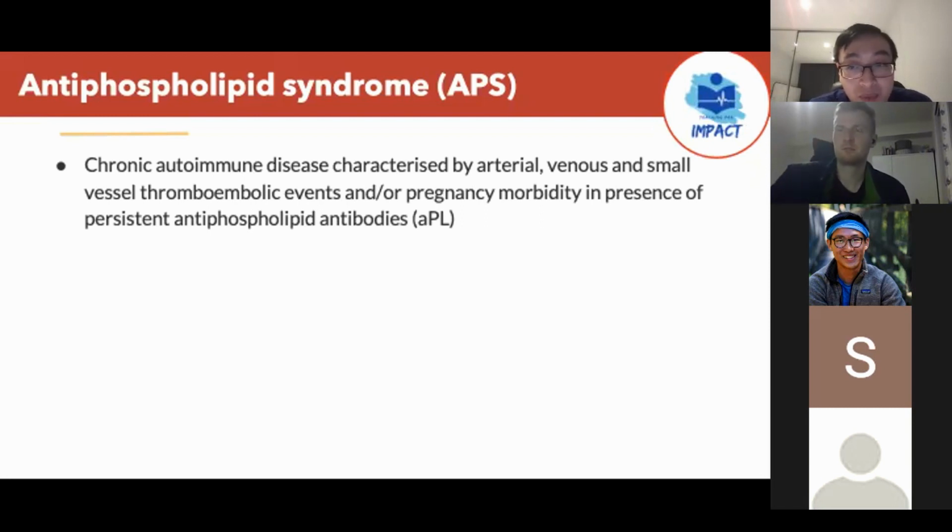The presence of antiphospholipid antibodies predisposes these patients to all kinds of clots: arterial clots, venous clots, small vessel clots. And in pregnant women, it also predisposes to pregnancy morbidity.